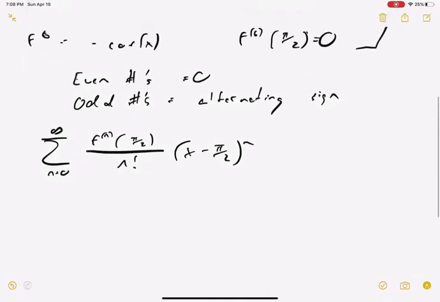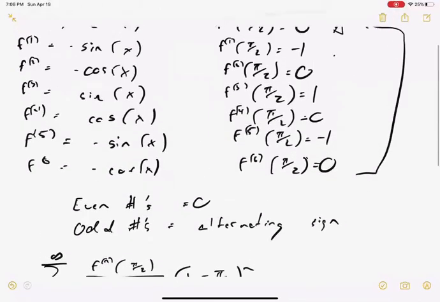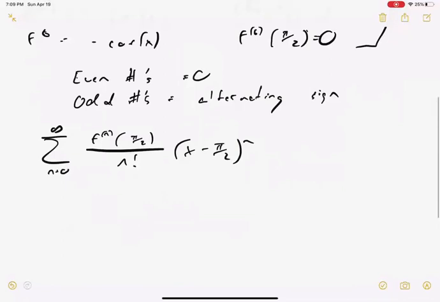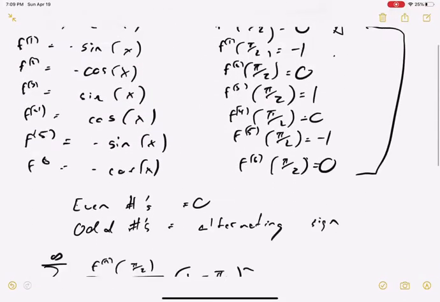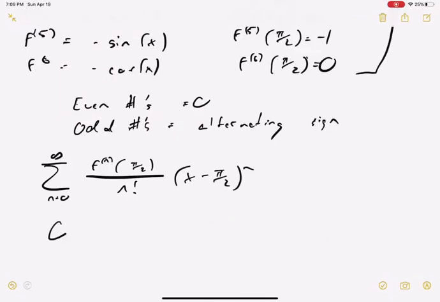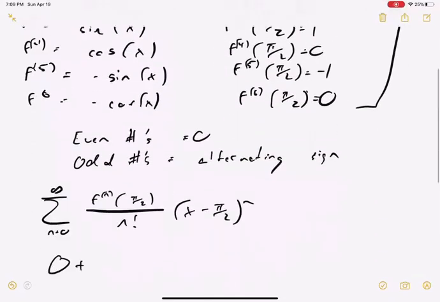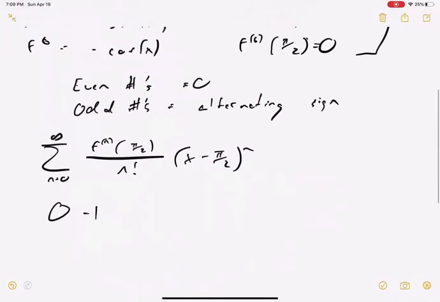So let's see if we can write it out term by term first and see if we spot a pattern. If we plug in, the first index would be f0, so first thing would be 0. And then I'd get negative 1 over 1 factorial, (x minus pi over 2) to the power 1.